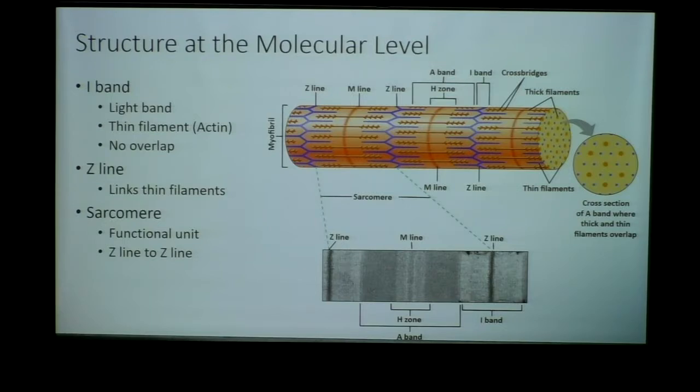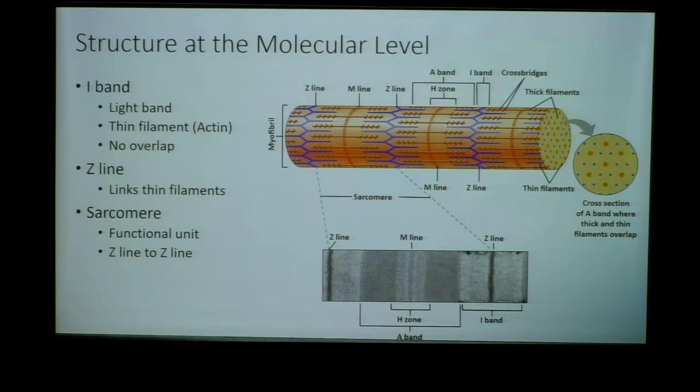So I'll go over that one more time, and then we'll look at it probably next time. So we have in the middle the M line that is connecting all of the myosin or thick filaments. We have the H zone, which is just myosin filaments. We have the A band, which is the area of overlap, the only area of overlap, right, between actin and myosin, between thick and thin filament. Out to the periphery, we have the Z line.